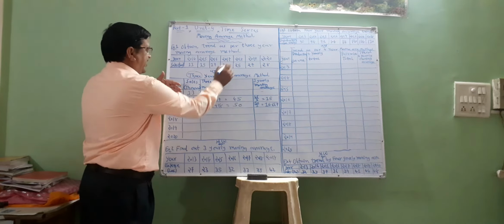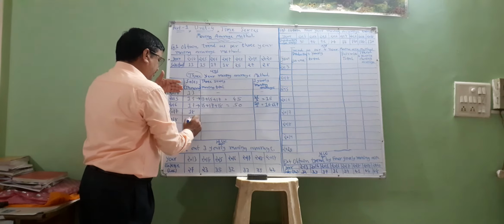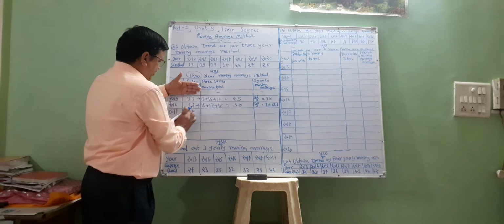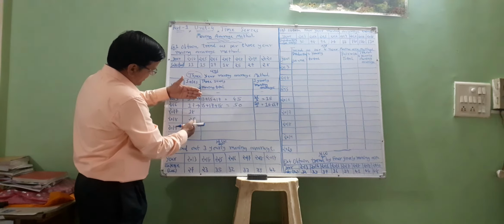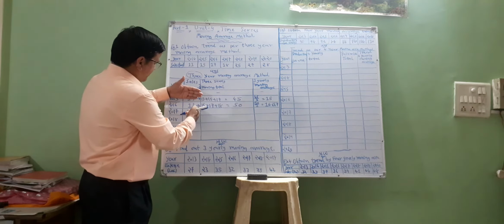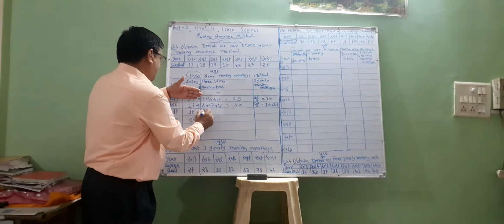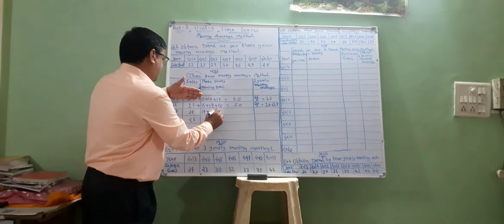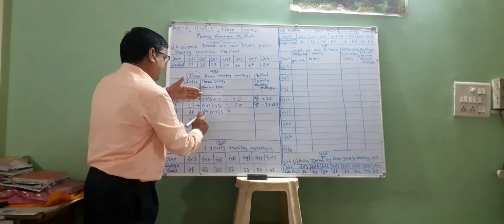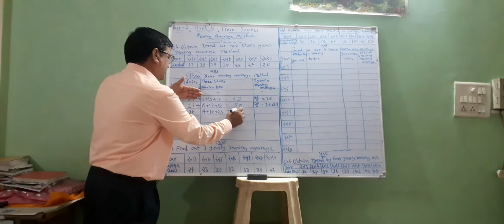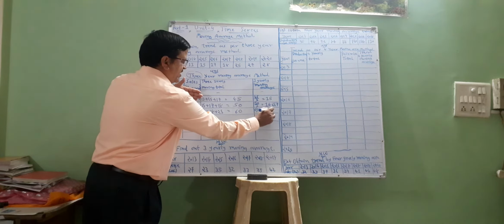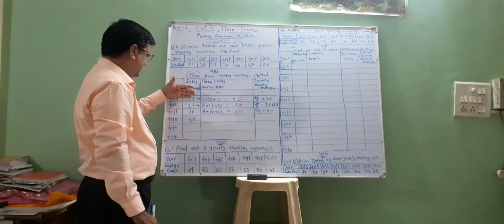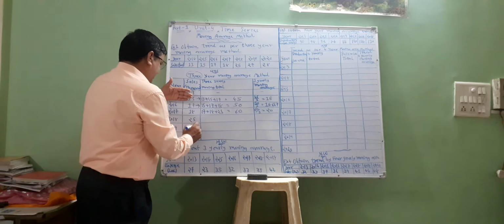Now 18, then 25. Do the 3-year moving total. The total of only 3 from the last 3: 17 plus 18 plus 25, 60, and 60 by 3 is equal to 20. Now take 27.